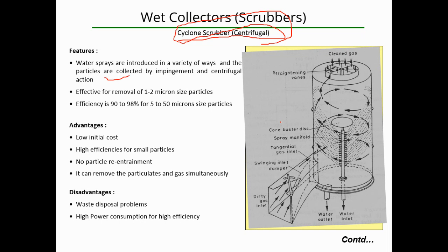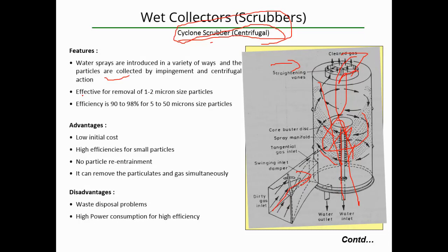In the separator, the dirty gas is passed from the side and moves downward, and the clean gas moves upward. But in the case of cyclone scrubber, the dirty gas is passed from the downside, and in the middle there is a rod where the water jet is sprayed, and the air passes out from the side.